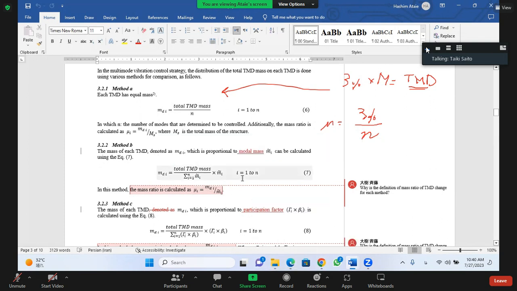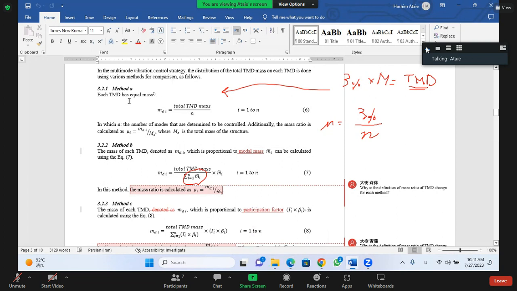But this is the same as total TMD mass, no? It is the total TMD, yes, since actually the mass ratio became the same as the overall mass ratio, 3%, as in the book, Sensei. Okay.